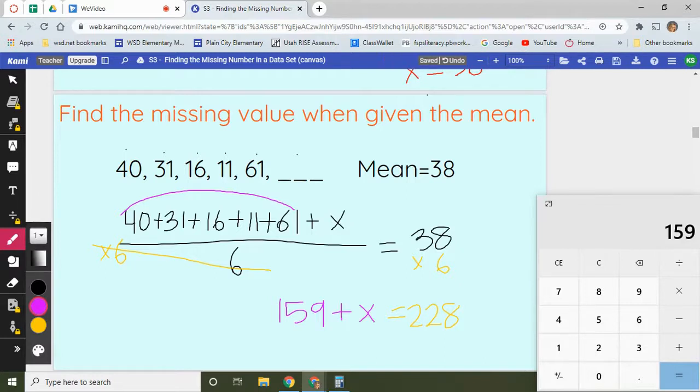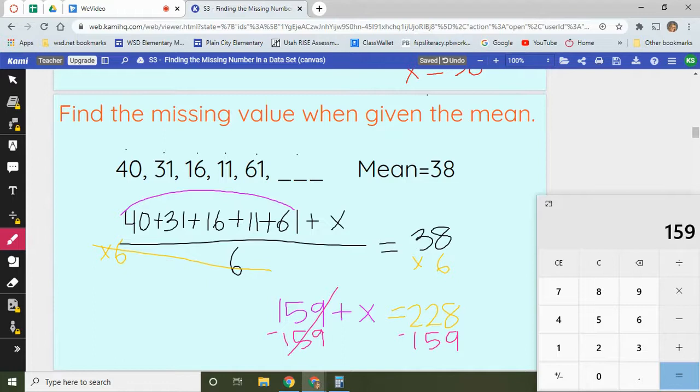Now, how do we get rid of an add 159? We subtract 159. Do it to one side, we do it to the other. So x is going to equal 228 minus 159, 69.